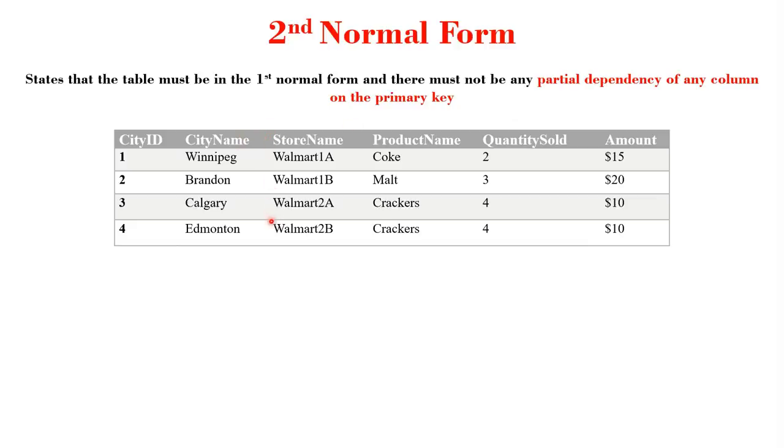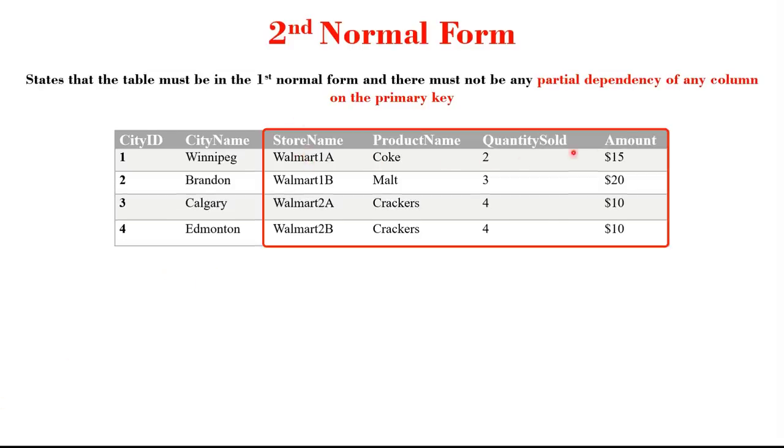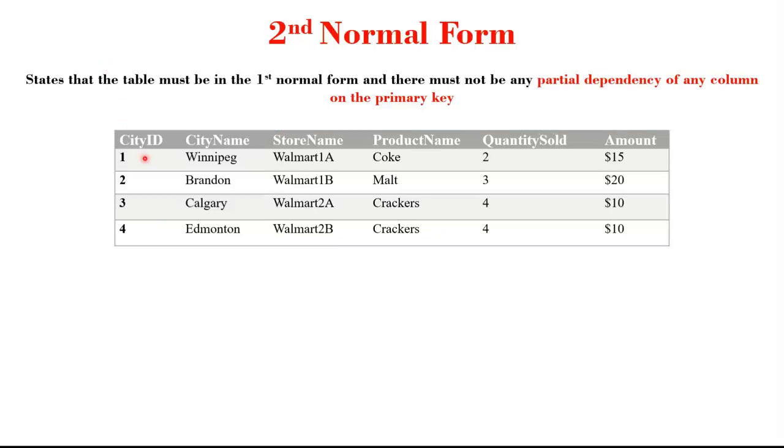So in the second normal form, there shouldn't be any partial dependency of any column on the primary key. These columns are not even dependent on the primary key, which is the city ID. So for this table to satisfy the second normal form, we have to move these columns that do not depend on the primary key into separate tables.